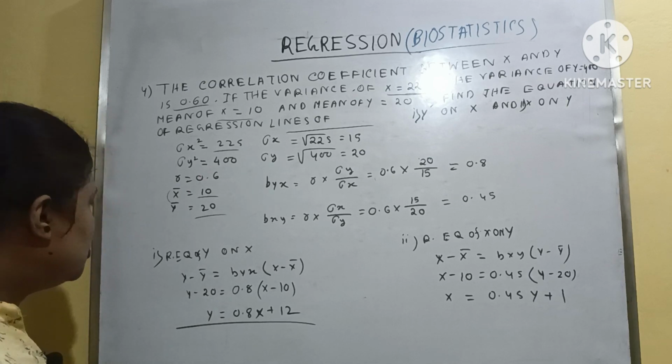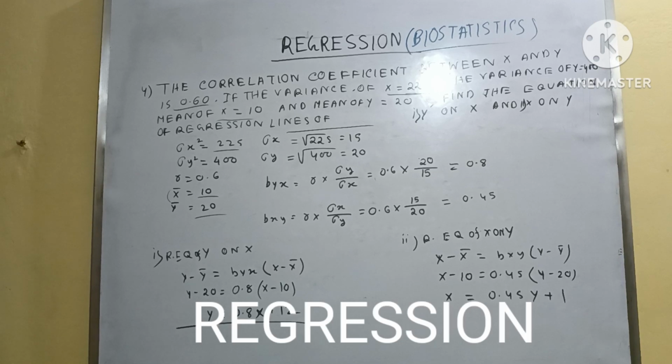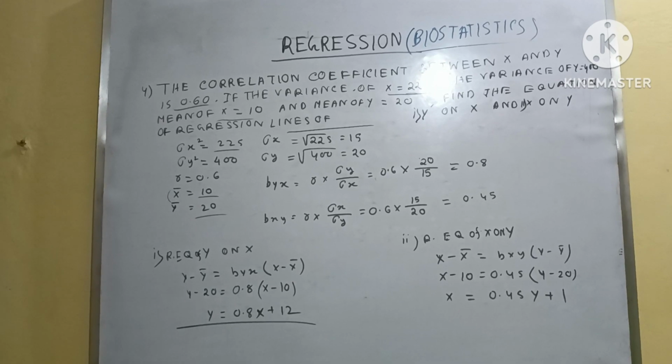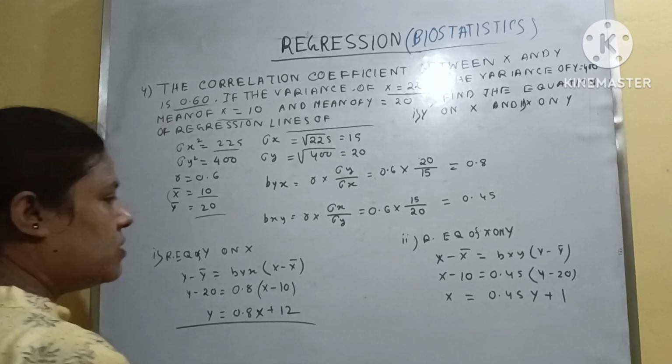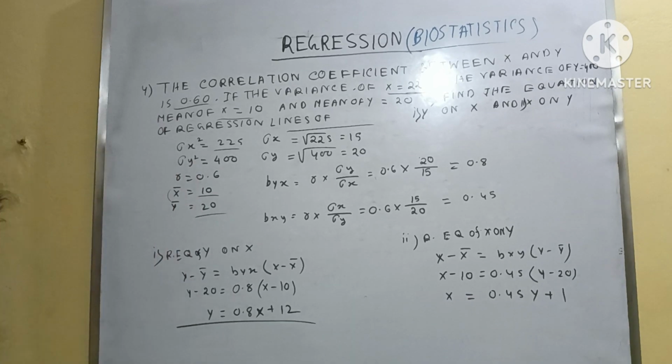First I have to check whether the values are right or wrong. Okay, so give me some time please. Okay, I was checking the values, whether these are right or wrong, so that's why I stopped the video. Here this is the equation of y related to x, and this is the equation of x related to y.